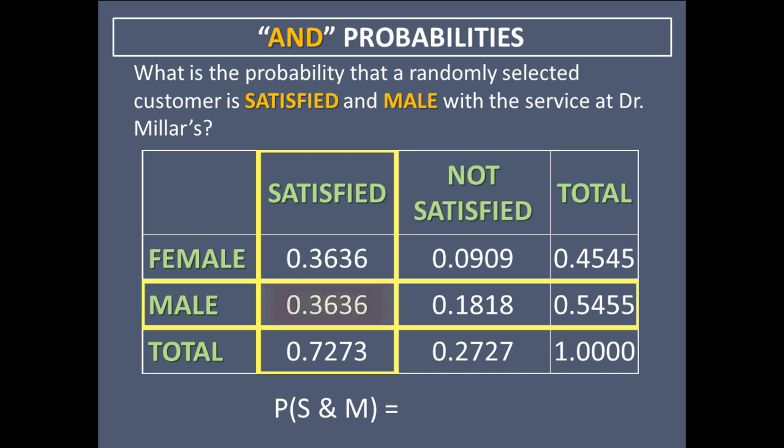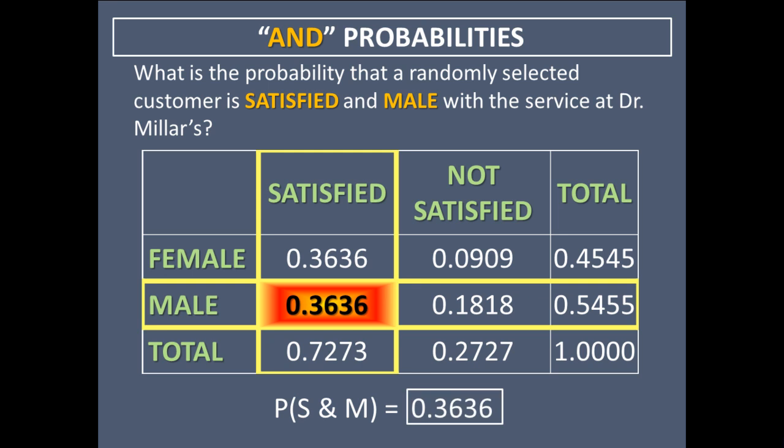So we're looking at the junction point or the joint probability. Where those two things occur at the same time, we have the joint probability of 0.3636. So we can tell those events are not mutually exclusive because there is an overlap between both of them. They can happen at the same time.